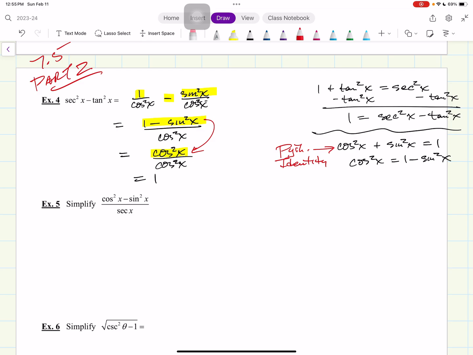But if you didn't see that, then you rewrite in terms of sine and cosine. That's what I explained in my first video. And when you do that, you just use basic arithmetic with fractions and your identities, and you'll get 1. So this whole thing is equal to 1.